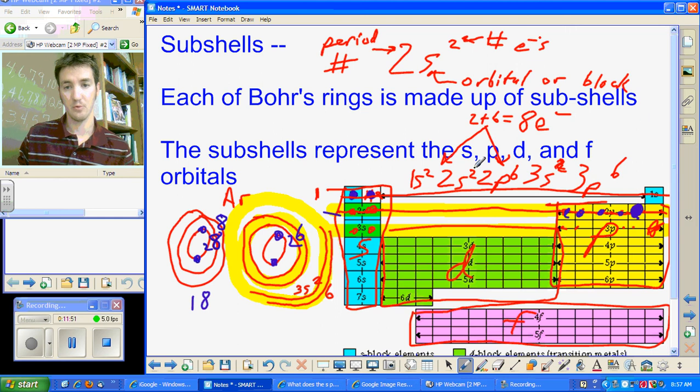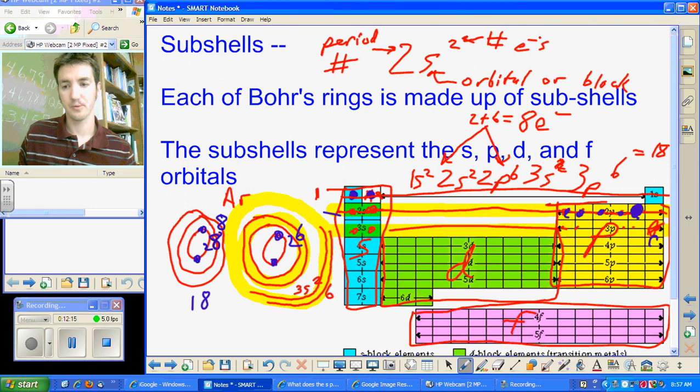I have 2, 4, 10, 12, 18. So the top numbers, the number of electrons, should add up to 18 when I'm done. So this so far isn't the confusing part. Well, hopefully not too confusing.